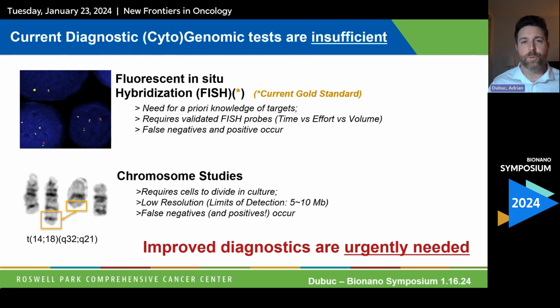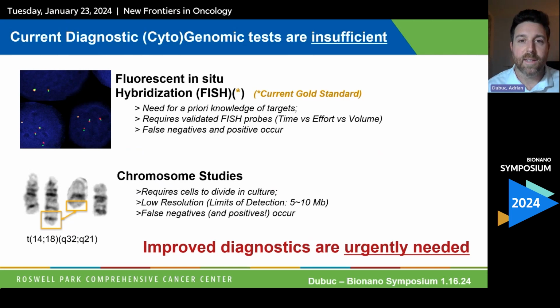Now, in order to review those in brief, I think it's important to reiterate what our current options are. Fluorescence in situ hybridization, FISH, represents the current gold standard in the field. While this has been a well-used and battle-tested assay, it's important to note that it does have significant limitations that come in the form of the need to have a priori knowledge of the specific targets that we're looking for.